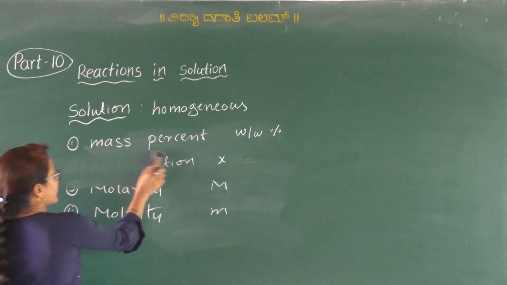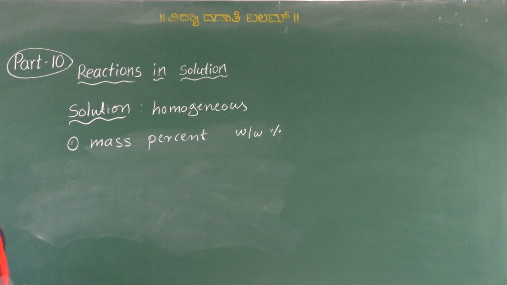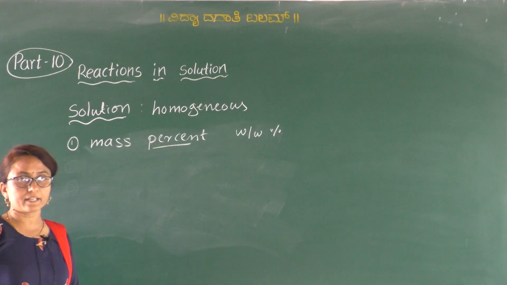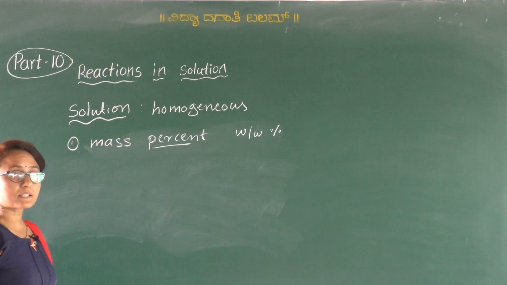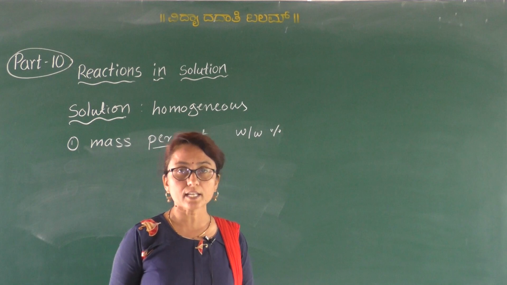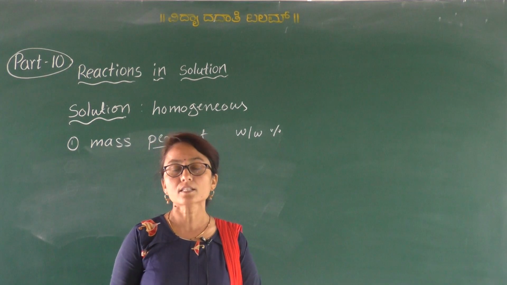First, let us consider the mass percent of a solution. We know that percent means calculated for 100. Therefore, mass percent is the number of parts by mass of the solute present in 100 parts by mass of the solution.